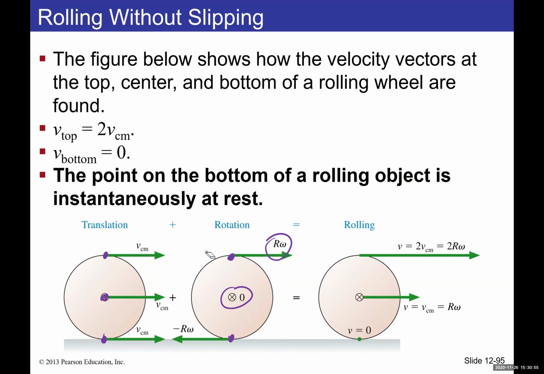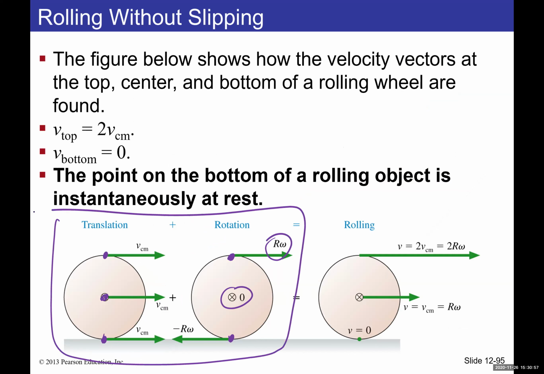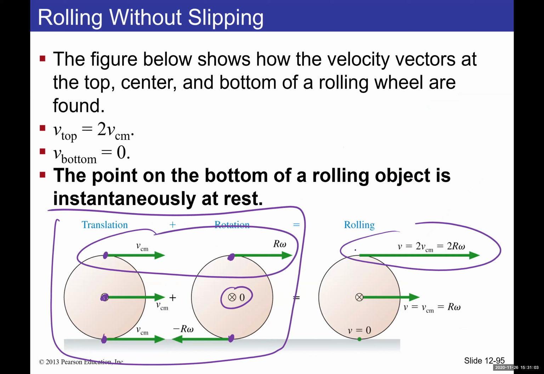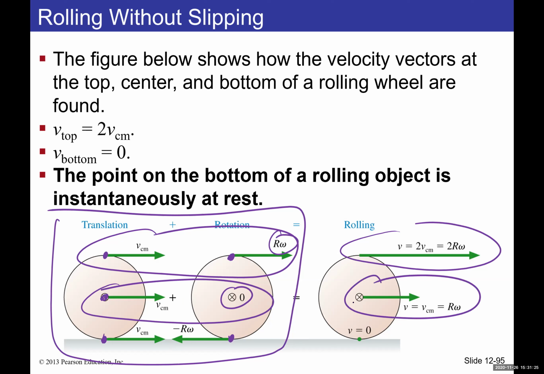But rolling is combining those two together. So now the top is 2 times r omega, because both v center of mass, which is r omega, and the rotational r omega are in the same direction, so you add them together. That means the top is moving twice as fast. At the center, translational is v center of mass, rotational is 0, so you get v center of mass.